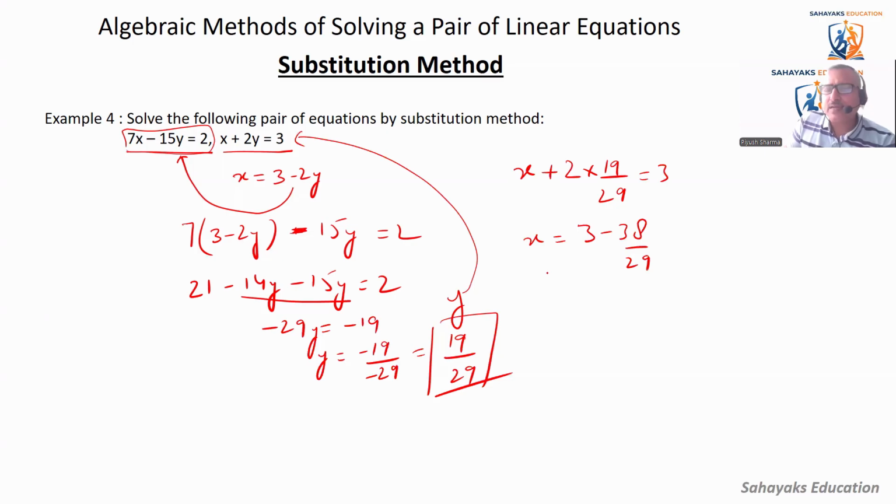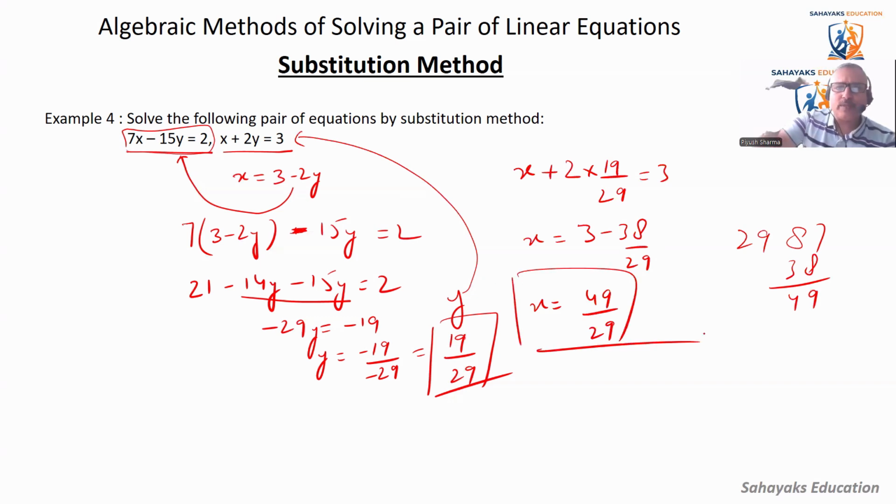You can calculate this value. 29 3s are 87. 87 minus 38 is 49. So x becomes 49 by 29. Okay, coming to the next question.